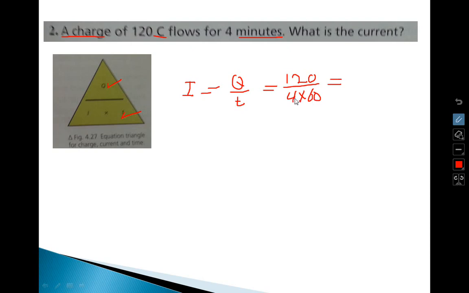Or multiply those first and then divide. Or you can say 120 over 4 over 60. So the result is equal to, I think, yes, 0.5 ampere. 0.5 ampere.